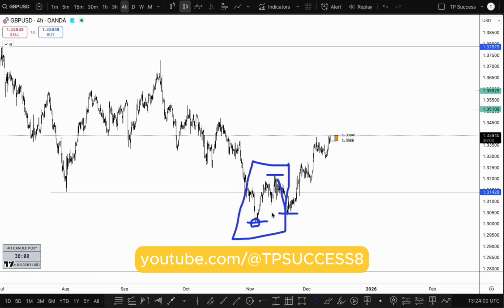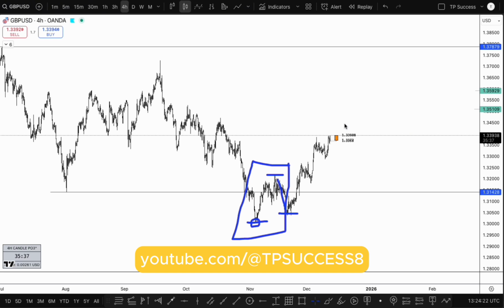So long as I saw that, I would have been able to tap into this, because essentially I'm trading the retracement back into the premium zone so that I can lock in with a sell back down to the discount zone. So essentially I'll be picking it up from discount to premium.